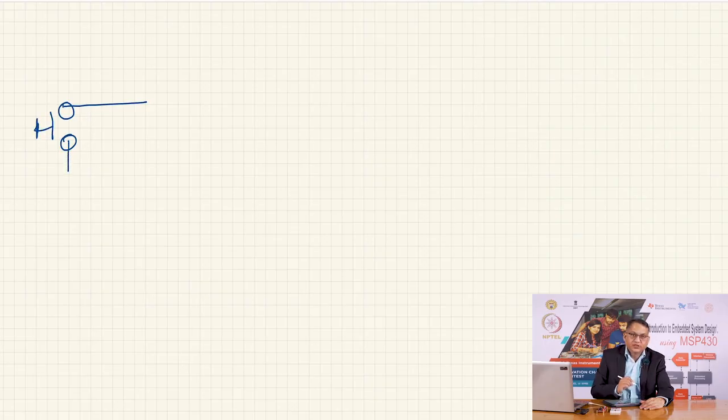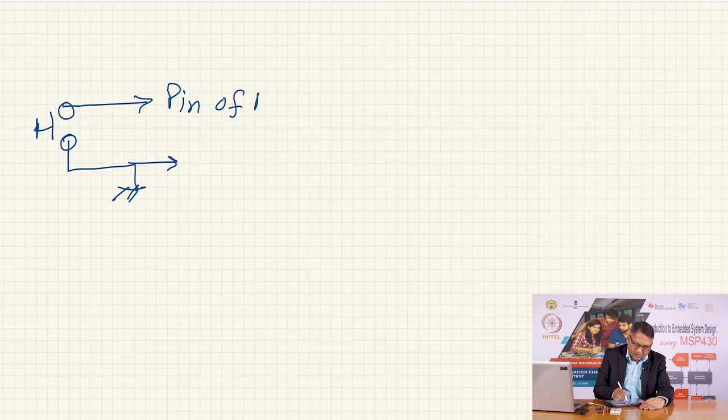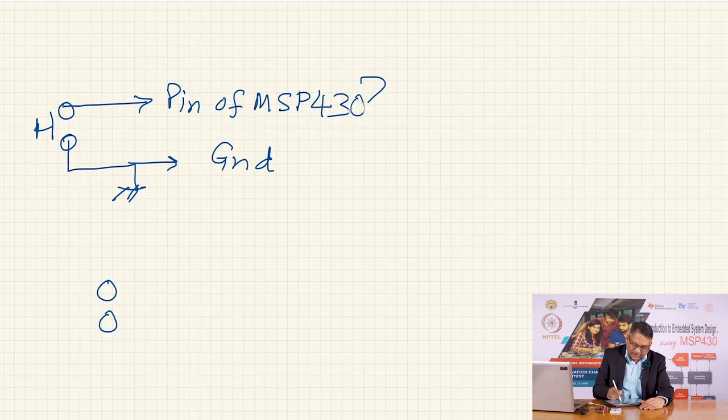If we want to use this in pull down mode, we ground it. So, now these two connections are available. We will connect it to an appropriate pin of MSP430, and this will be connected to ground. We have another switch, for which we have to invoke the pull up feature.